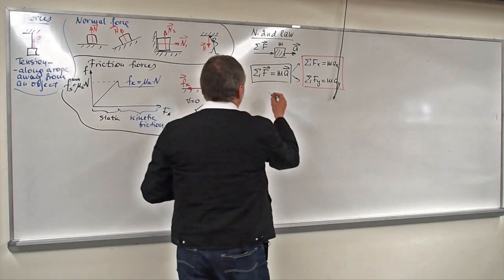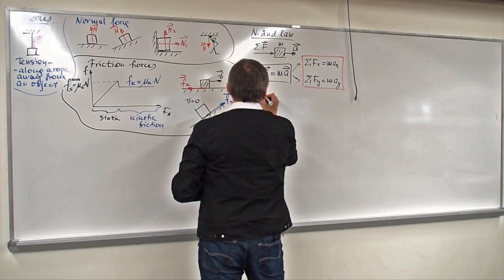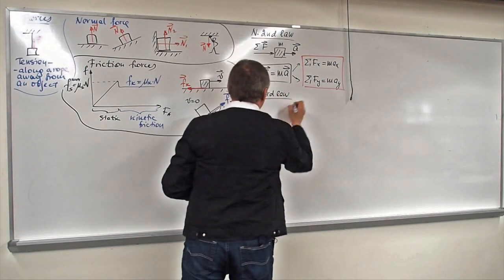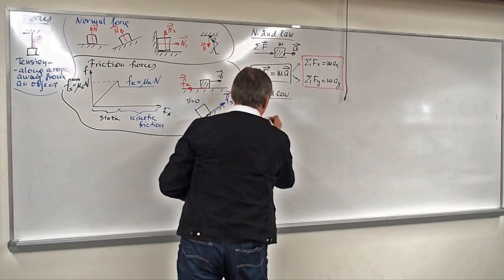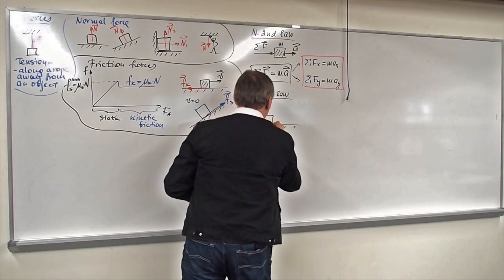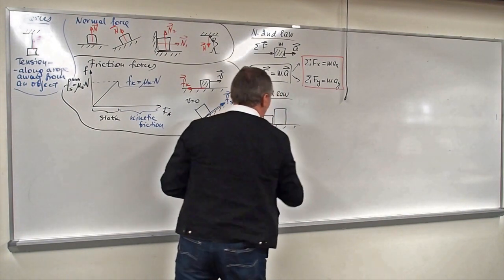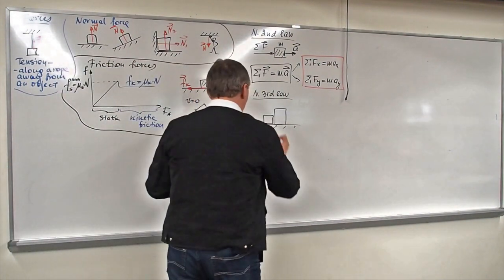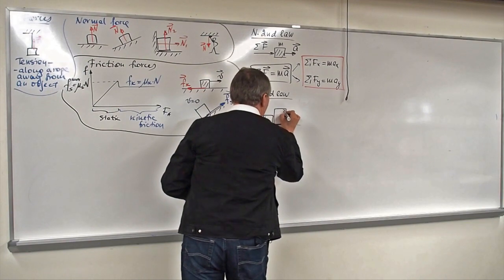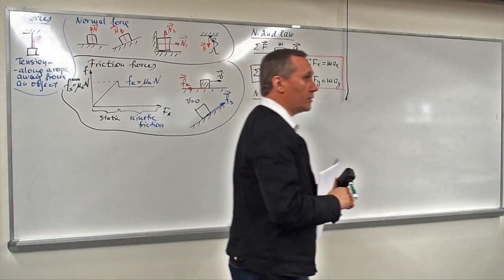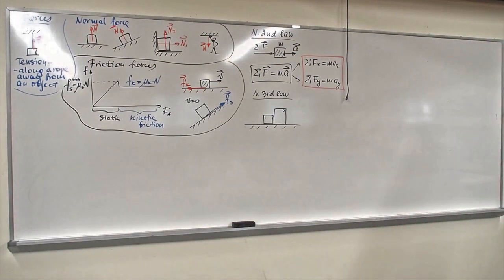Newton's third law. Let's also mention it. If you have two objects, let's say on a surface, one object and the second object interacting, which I label as 1 and 2, of course they exert on each other forces the same in magnitude but opposite in direction.